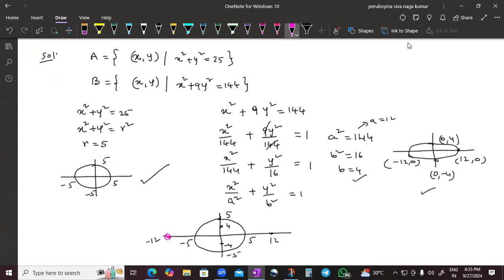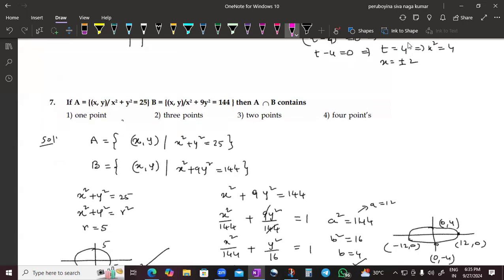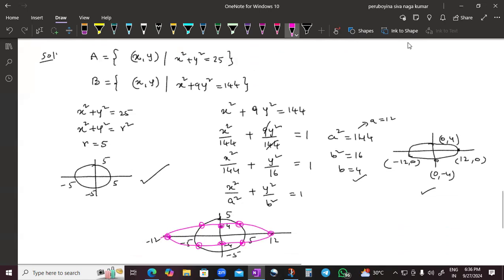If you join these points, you can understand that there are points of intersection between the ellipse and the circle. You can measure those points of intersection of the black circle and the pink ellipse. You have 4 distinct points where they intersect each other. So therefore, A intersection B has 4 common points. So the fourth option is correct.